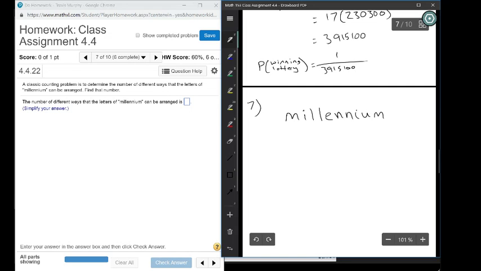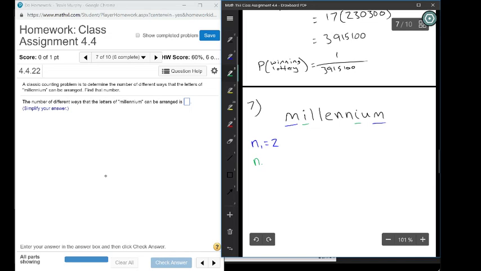Note that we have repeated M and M. So one of the things is repeated twice. Notice also that the letter I is repeated twice.